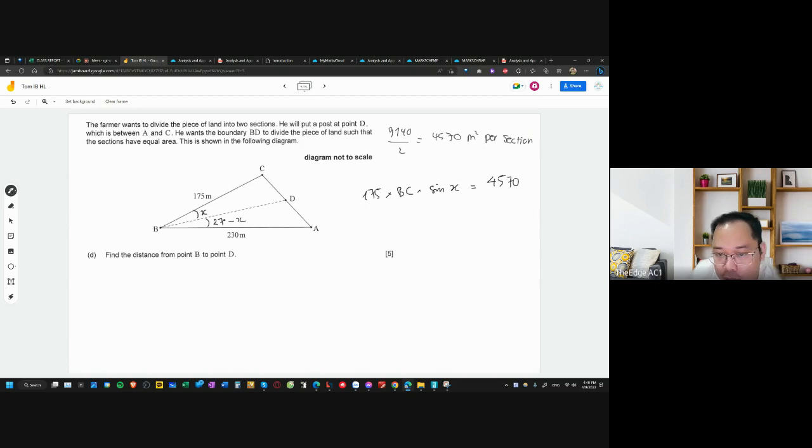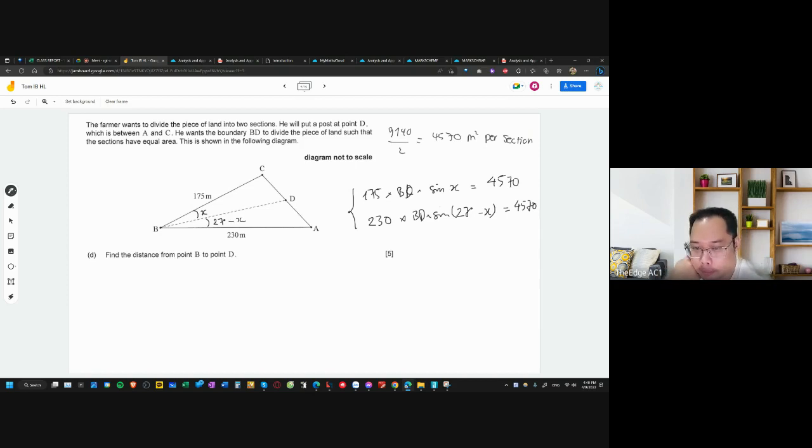We don't know sine X, but we have another equation. That side BD, not BC, multiplied by 300 and 230, multiplied by BD times sine of the angle 27 degrees minus X, is also equal to this.